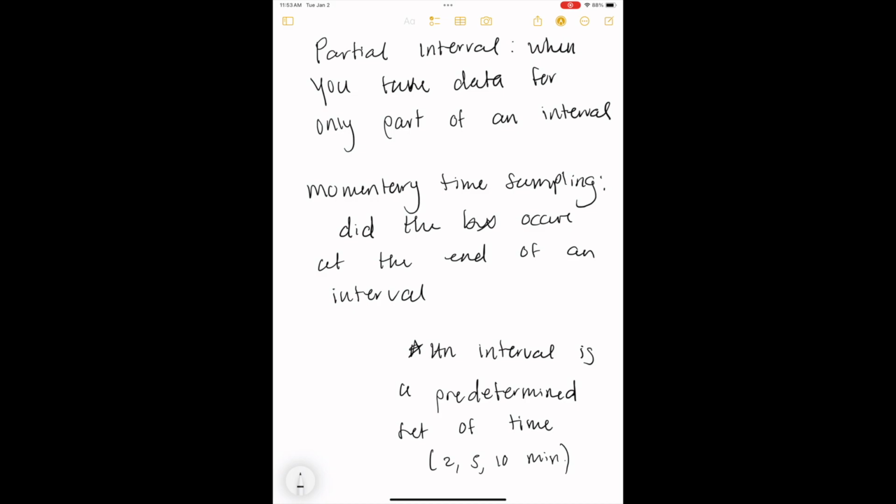The analyst is going to put in an interval, like a timer basically, and that timer is going to prompt you. It might ring or something, and then you're going to look at your learner and see if they're engaging in the behavior that you need to monitor for momentary time sampling.